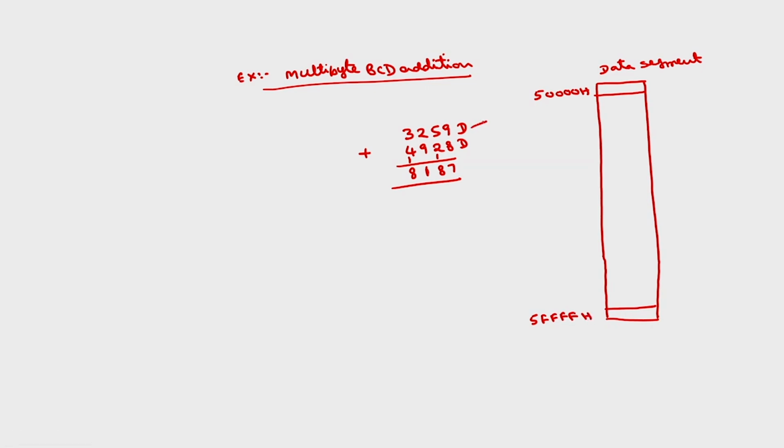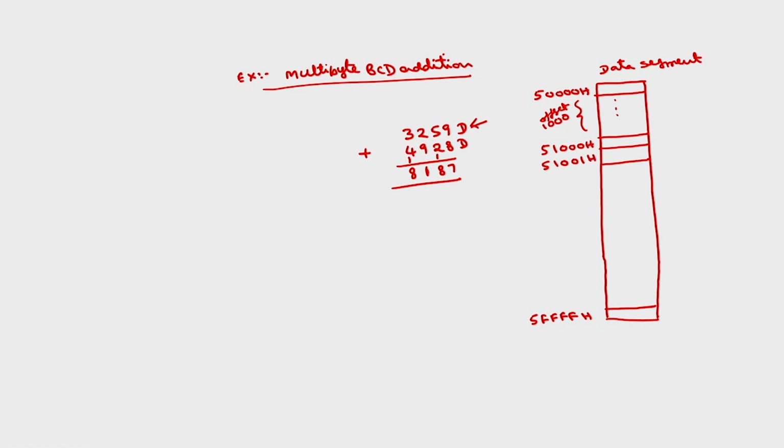So, to store this first number we require 2 locations. Okay. So, I am taking this location with the offset of say 1000. So, what will be the address? 51000H.